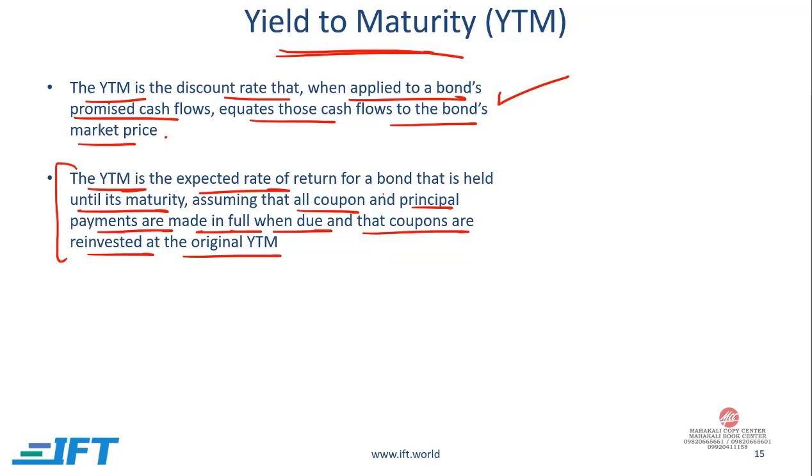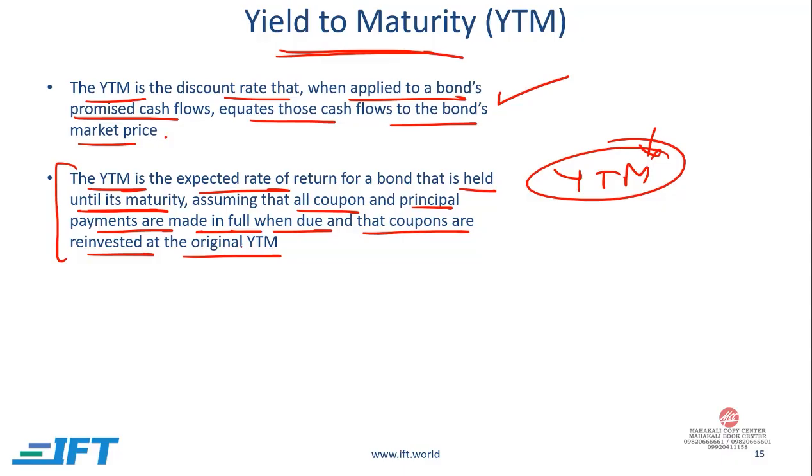The first is self-evident, the fact that we assume that this is held to maturity. Yield to maturity means that this needs to be held to maturity for this measure to apply. So that's fairly obvious. Another obvious point is that we assume that all the coupon and principal payments are made. If these payments are not made, if there are some defaults, then obviously the actual yield will be lower.